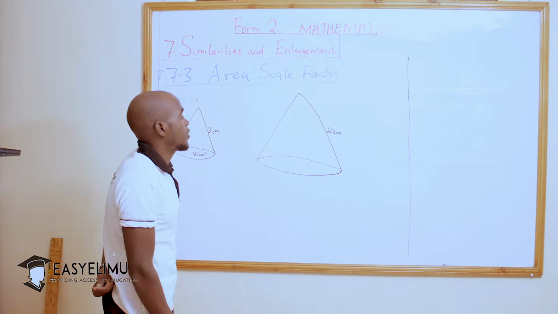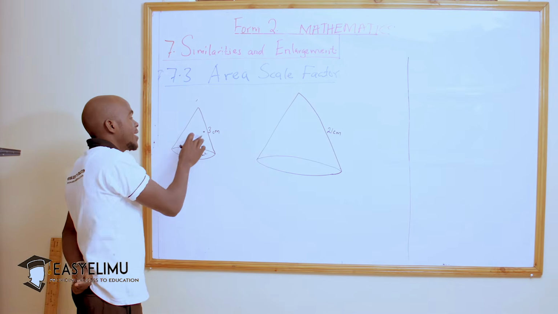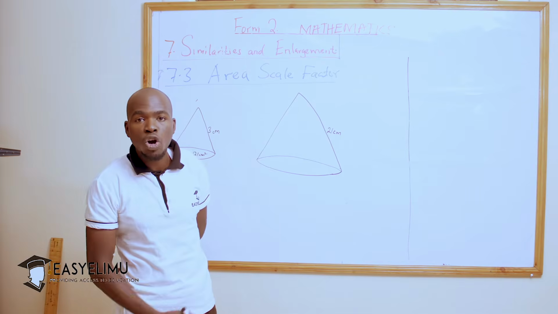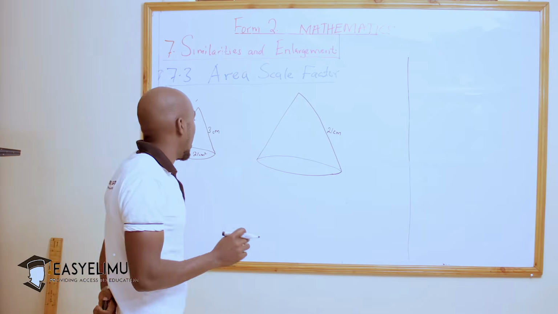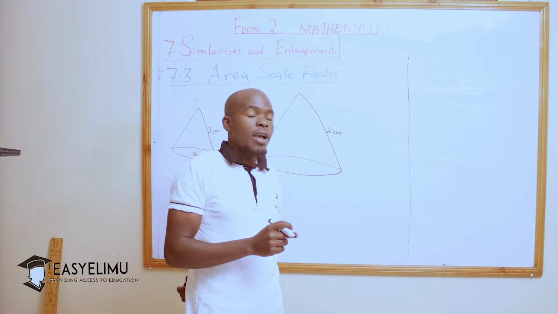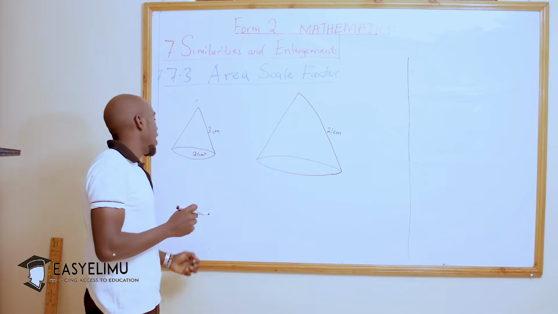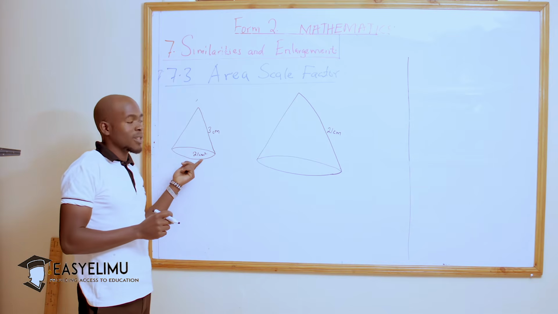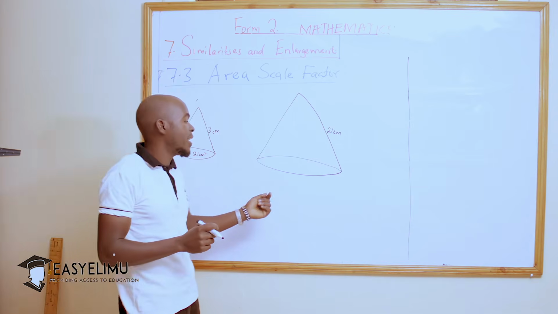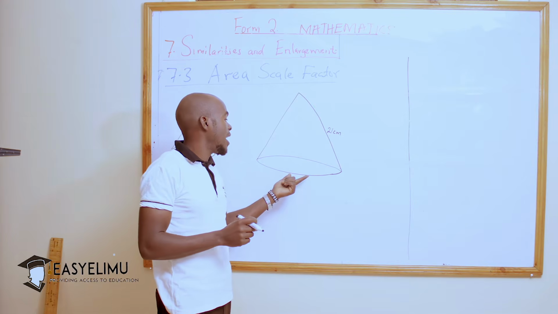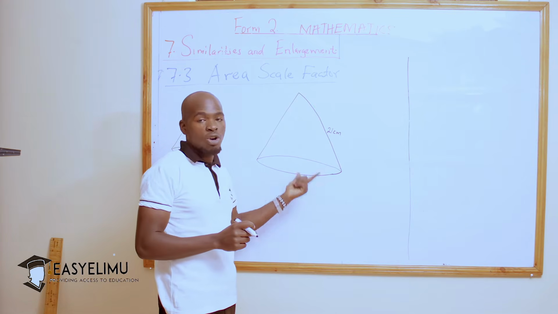Here we have two cones with a slant height of 3 cm and 21 cm. The two cones are similar and have circular bases, and the area of the smaller cone is 21 square centimeter. Find the area of the larger circular based cone.